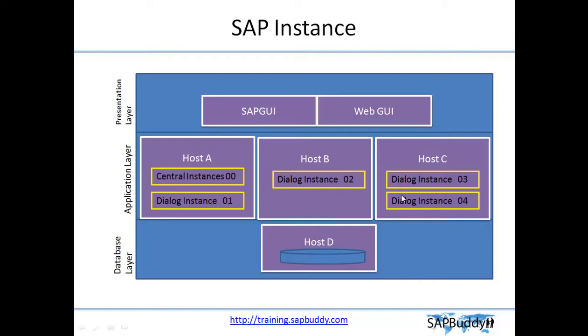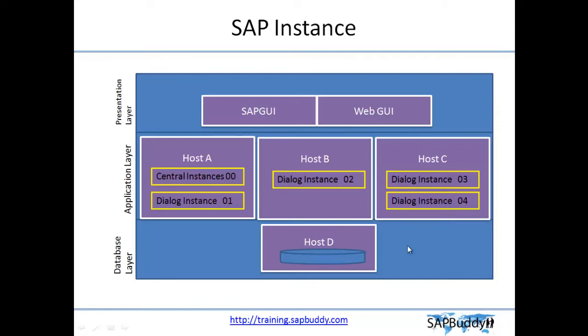If you find that you want to increase the capacity of your SAP system, you can add an additional host and add it in the same SID, then it will come into the resource pool. Like this, you can increase the processing capacity of your SAP system very easily in your SAP application layer.